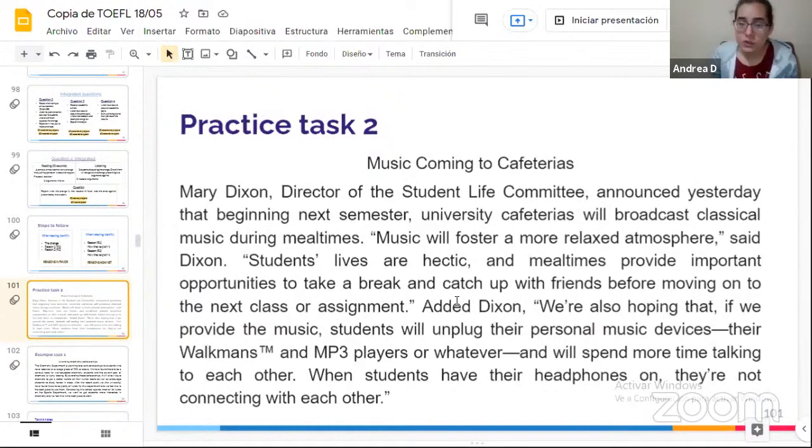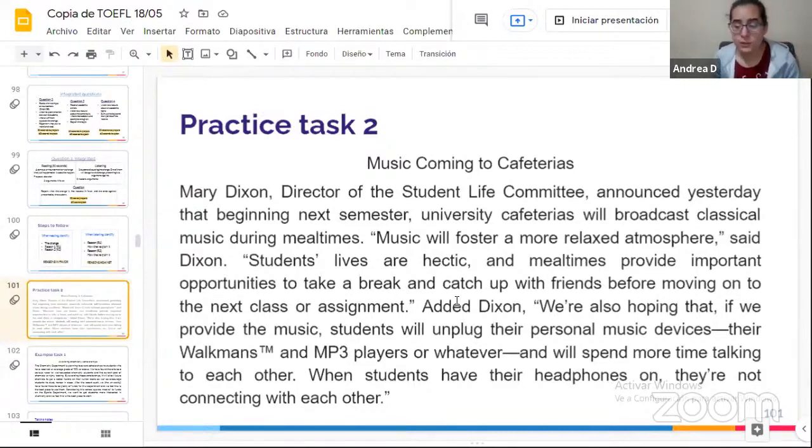Sometimes the university is announcing something, or sometimes a student proposes something through a letter. So sometimes it's a letter, sometimes an announcement, but it's always about a change going on inside campus.